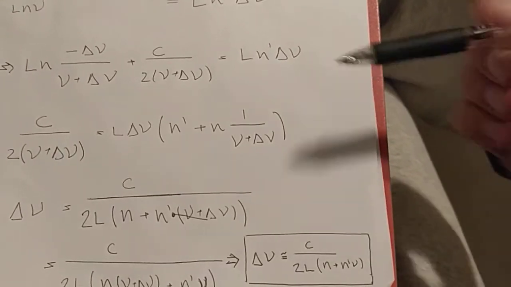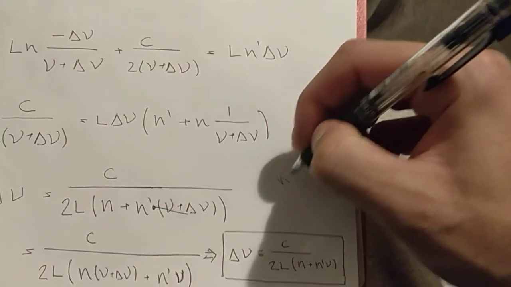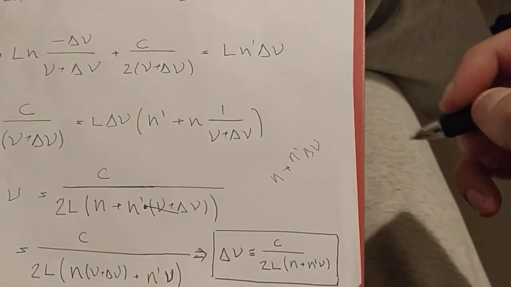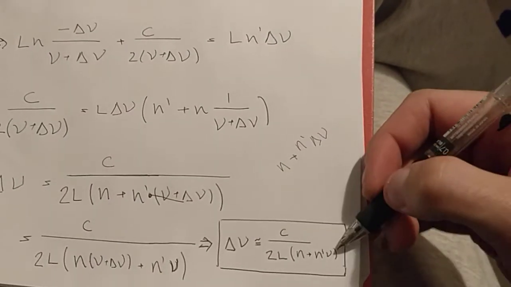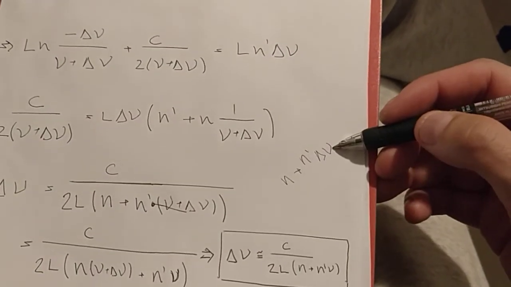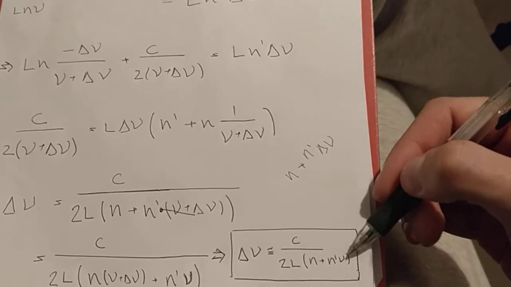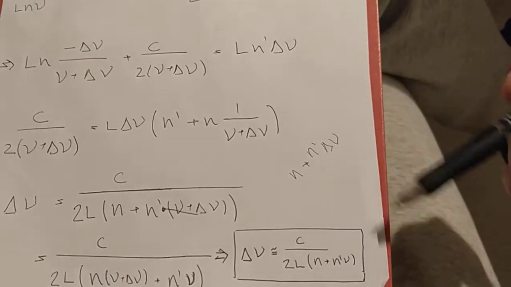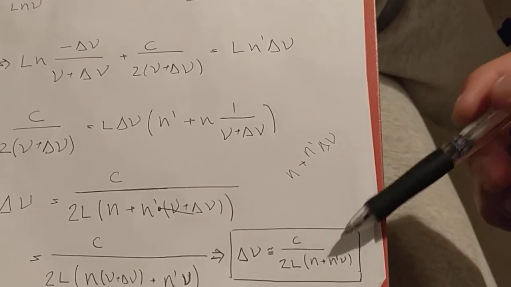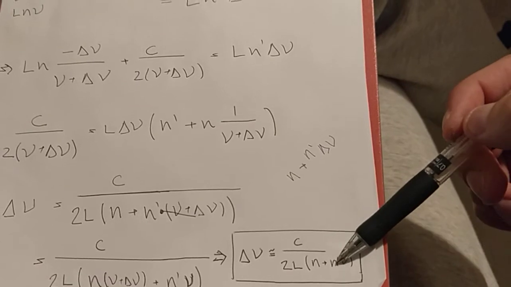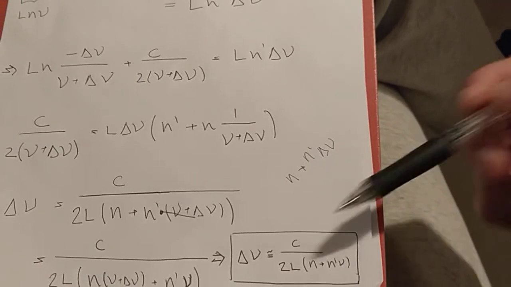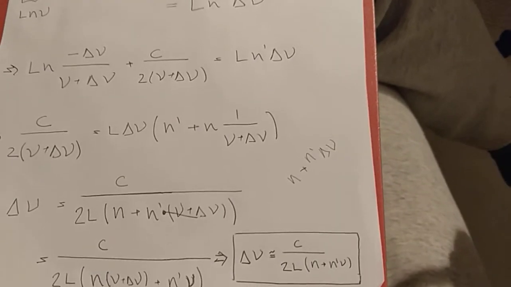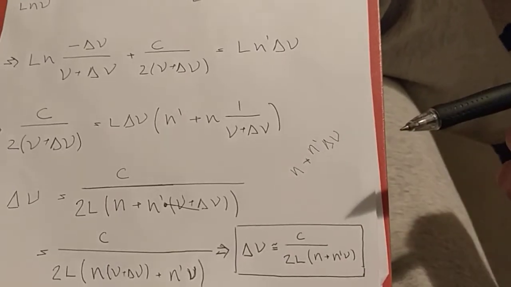If it were, it would say n plus n prime delta ni, but it's not. It depends on the frequency, not the change in frequency. And that is a very big difference. Usually the change in frequency might be very small, but the frequency, as we're dealing with optical frequencies, could be very, very high.